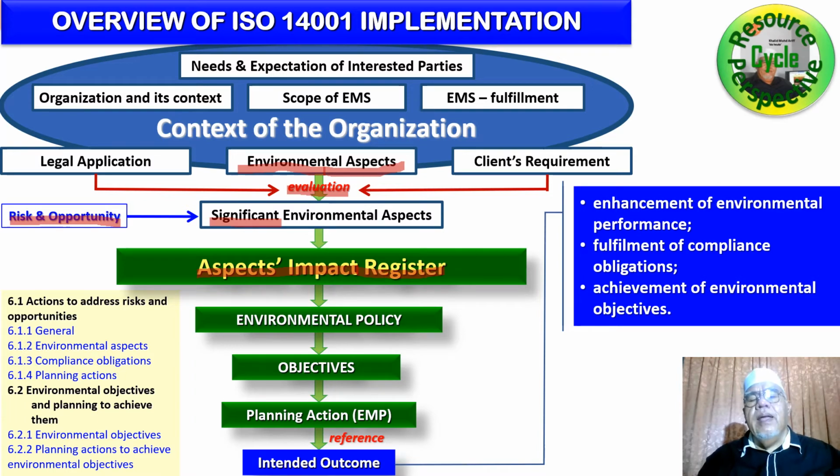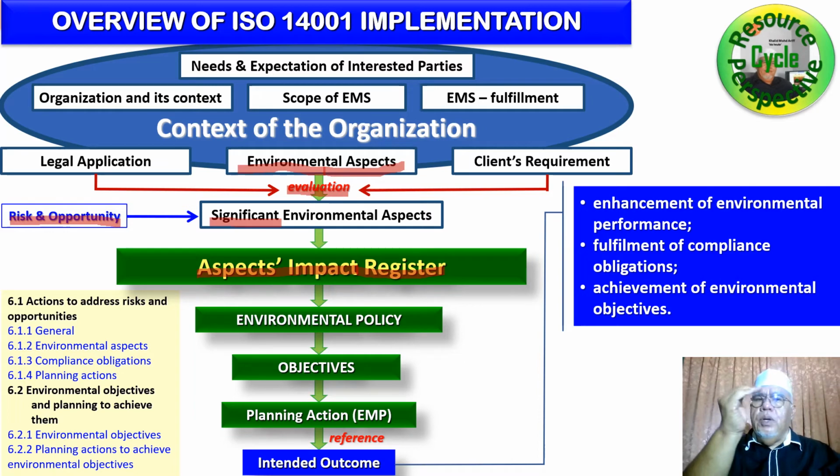At this point, you as the owner of the company, or people working for the organization, now know the position of your organization with respect to environmental management: what you have to manage, and what probable impact is associated with the environmental aspects that you have.